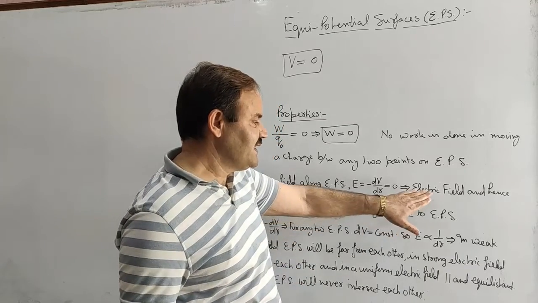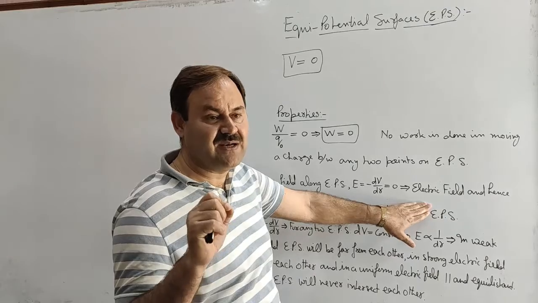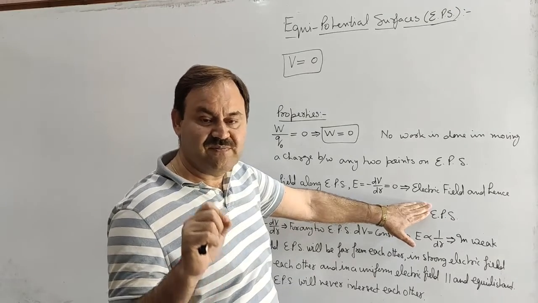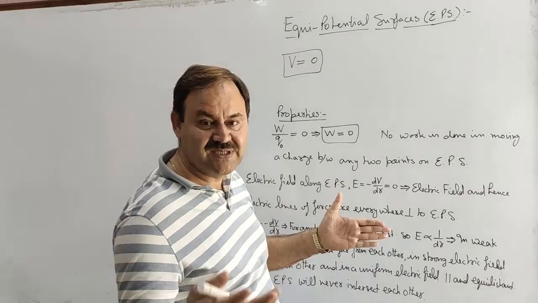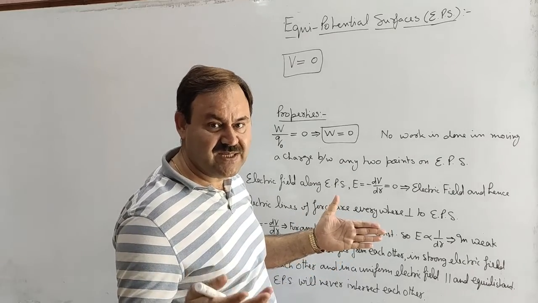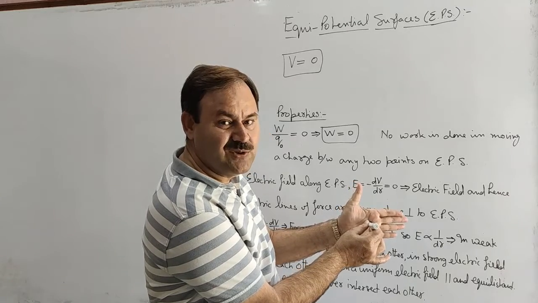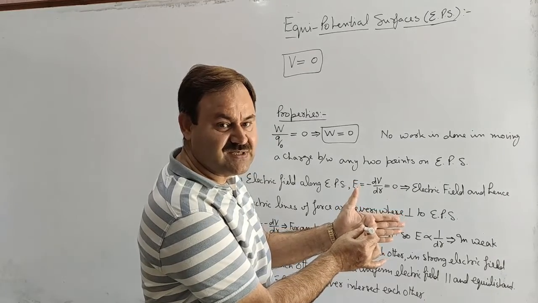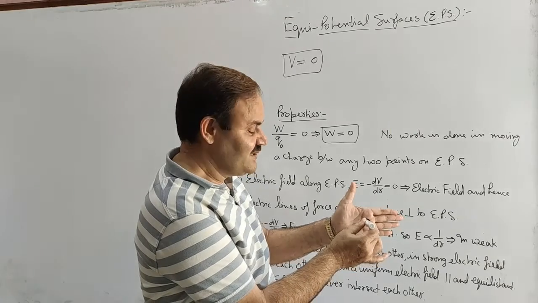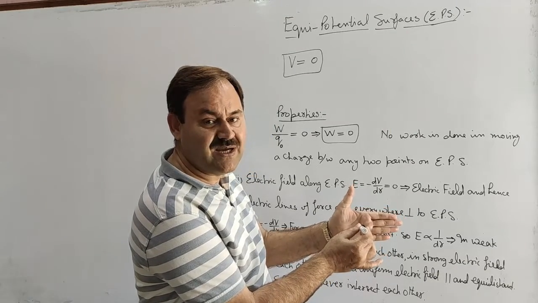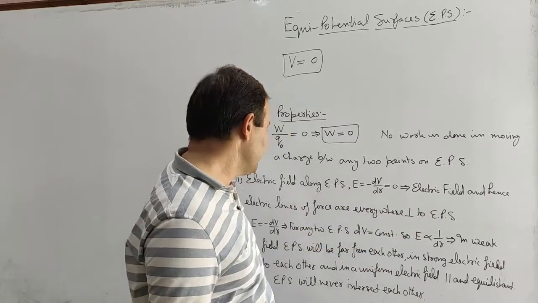It means electric field along equipotential surface will always be 0. If electric field along the surface is 0, then what should be the direction of electric field? Then it means electric field must be perpendicular to equipotential surface. And if electric field is perpendicular to equipotential surface, then electric field lines will also be perpendicular to equipotential surface.